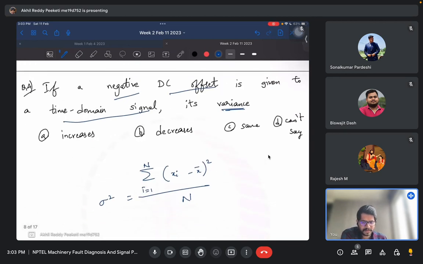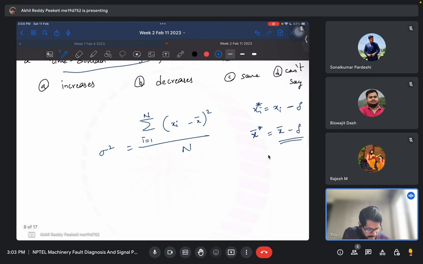And a negative DC offset means you are changing the old xi to xi minus some constant delta. So what will happen to the mean? The mean will also reduce by delta, right? Because you are changing all the data points, your new mean would also change.